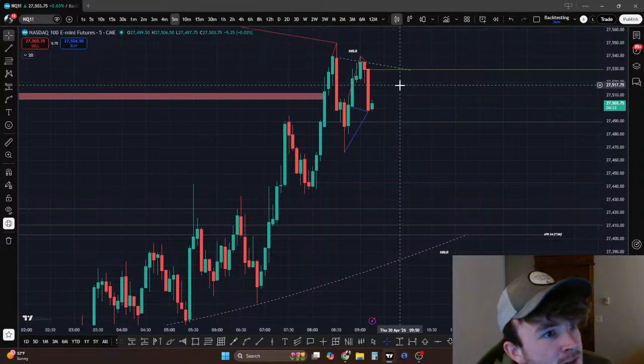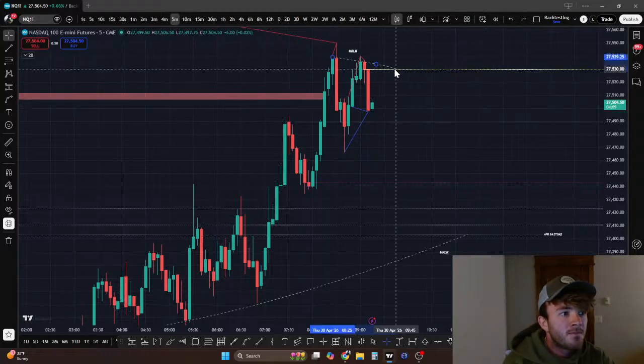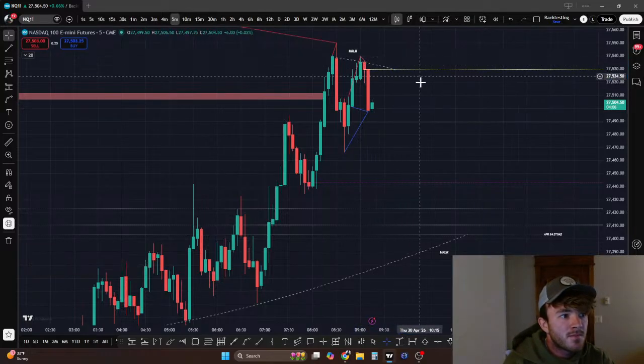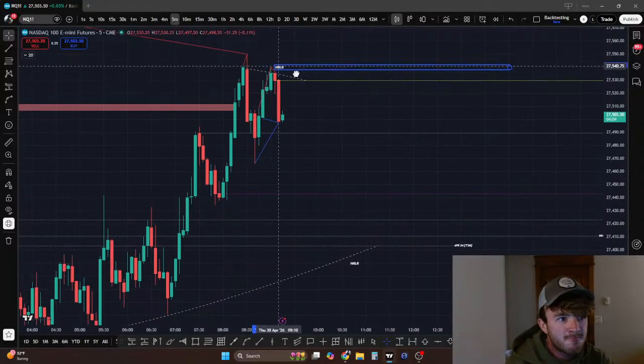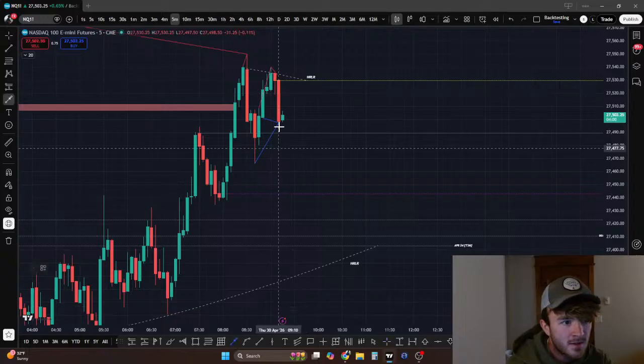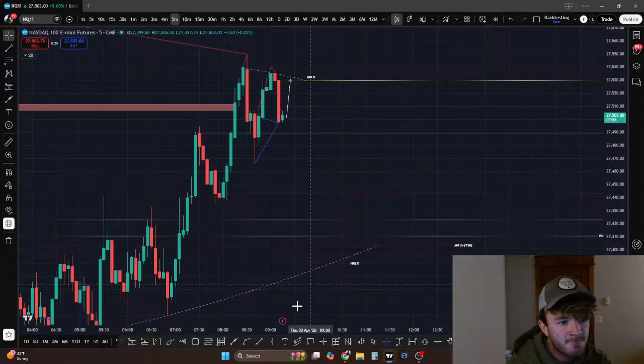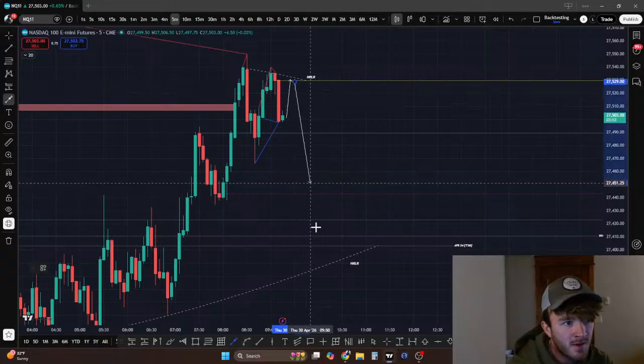Oh, and then wouldn't this be a 5-minute propulsion block? So, yeah. Order block, propulsion block. Expect us to come up into that, take the true open, and I think we'll dump off of this.